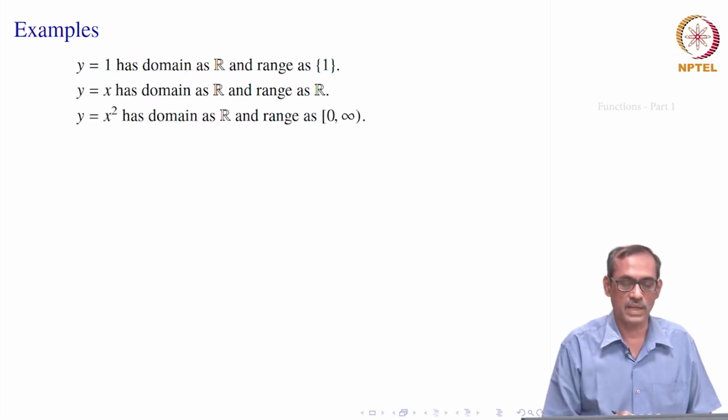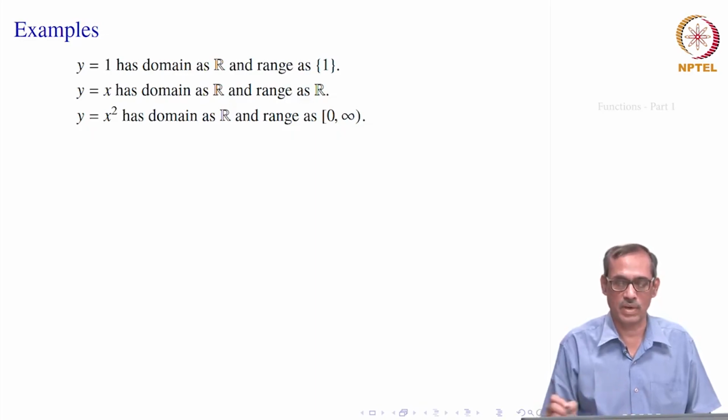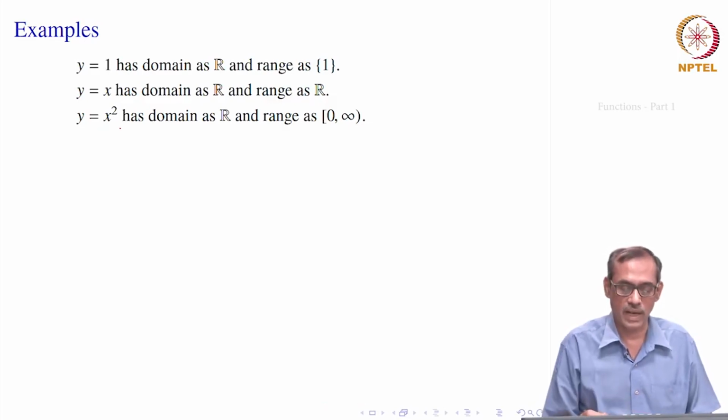Let us take y equal to x square. So, the function is defined by mapping x to x square. Now, if you take any real number, its square is defined. Therefore, its domain is R and codomain is of course R. Then what is the range? We see that x square can never be negative.